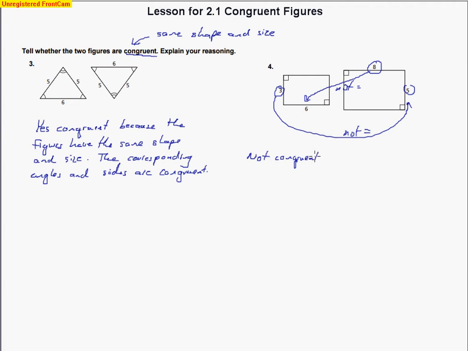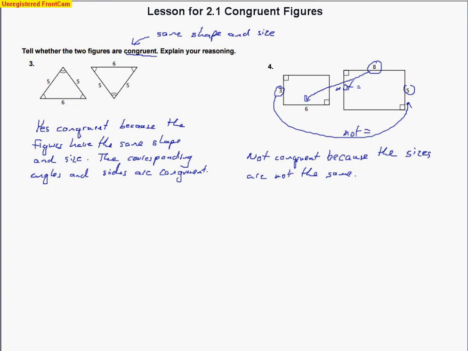And they're not congruent because the sizes are not the same. So the corresponding sides must be the same length in order for those to be congruent.